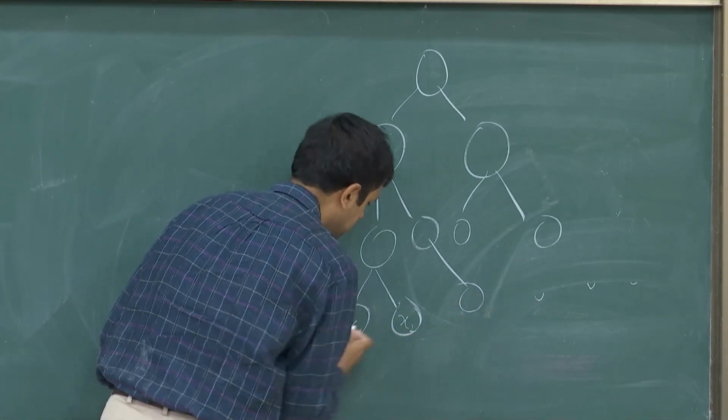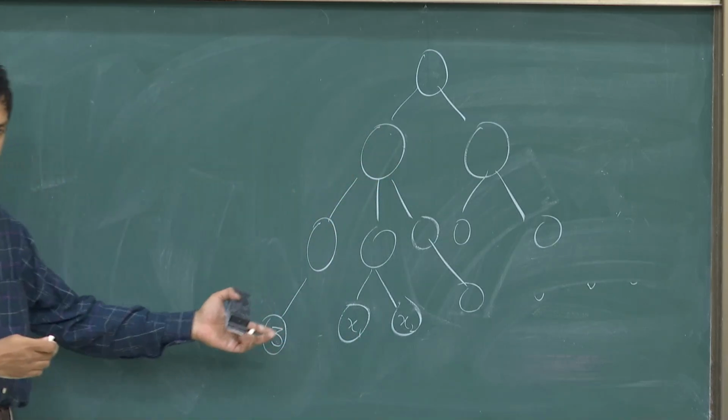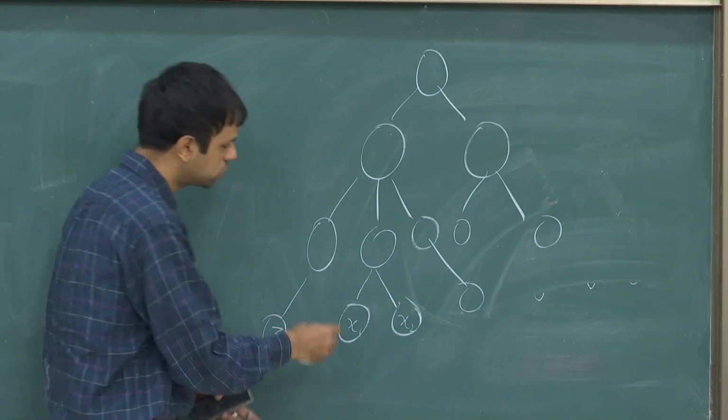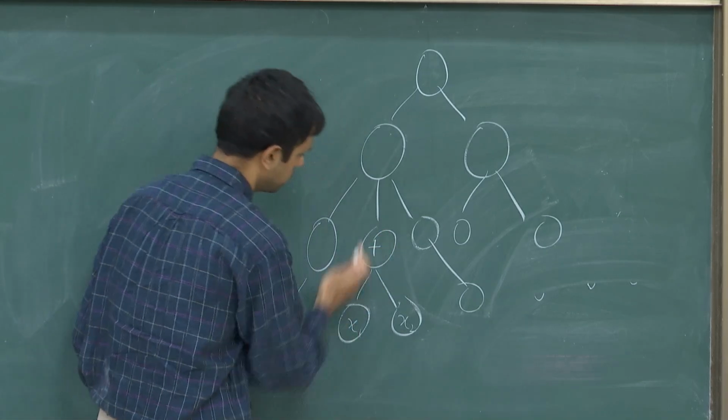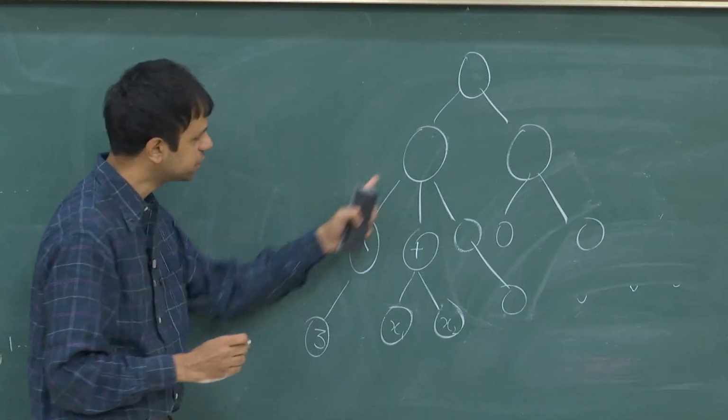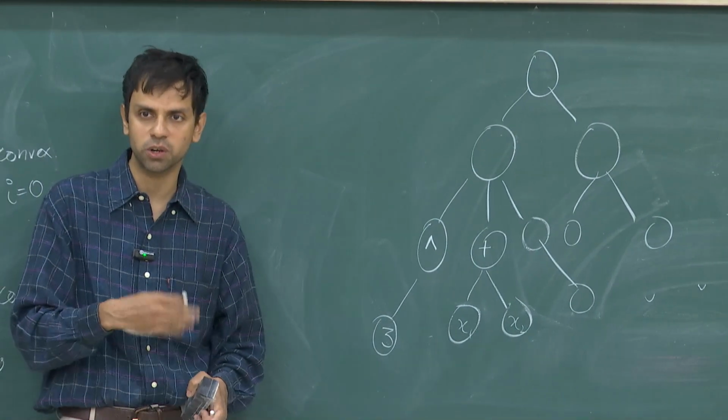So these are either affine functions or linear functions or just variables, and then you start propagating up and checking whether the functions are still convex or not.